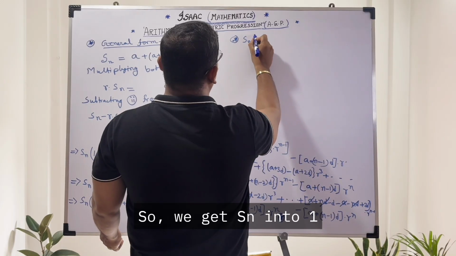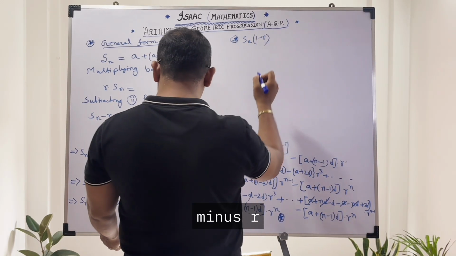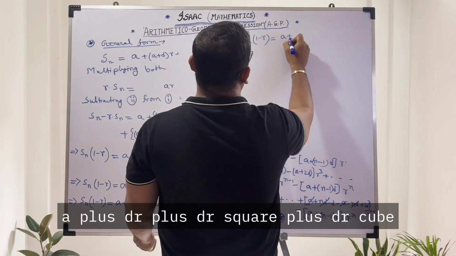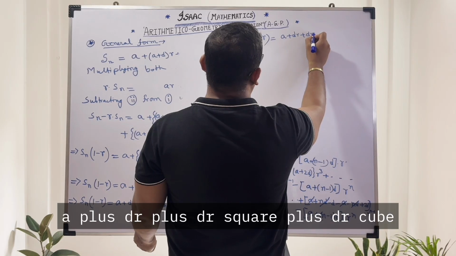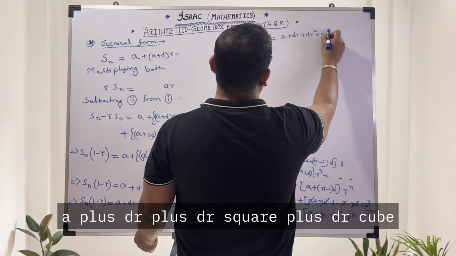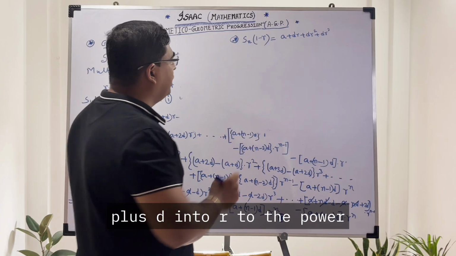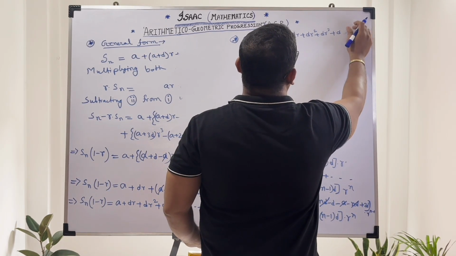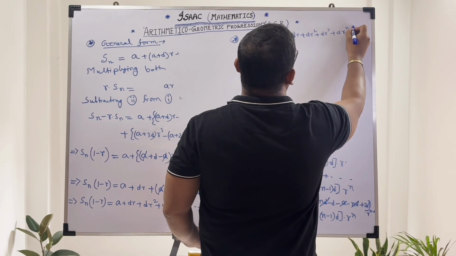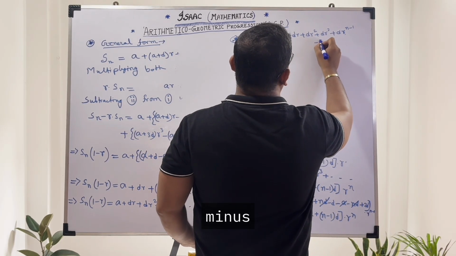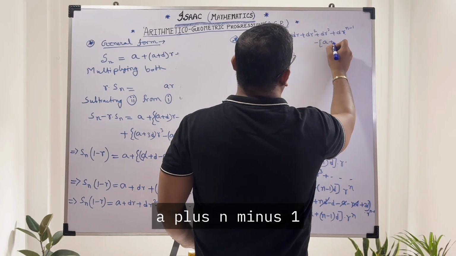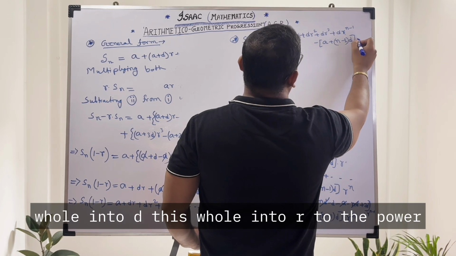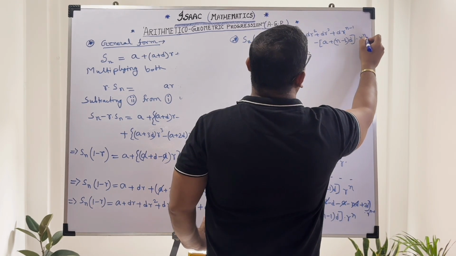So we get Sn into 1 minus r equals to a plus dr plus dr square plus dr cube plus d into r to the power n minus 1 minus of a plus n minus 1 whole into d, this whole into r to the power n.